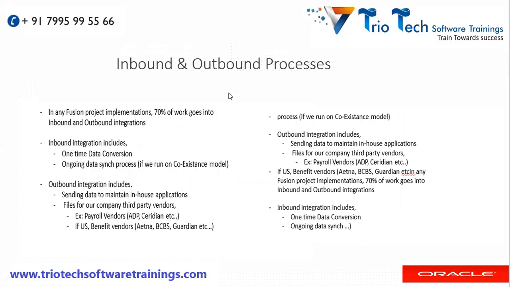So these are inbound and outbound processes. What we discussed is an overview: in any Fusion project implementation, 70% of the work goes into inbound and outbound integration. When we speak about a huge organization, we have a huge stack of data flowing in.